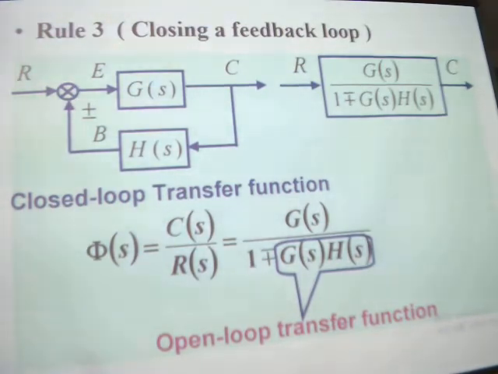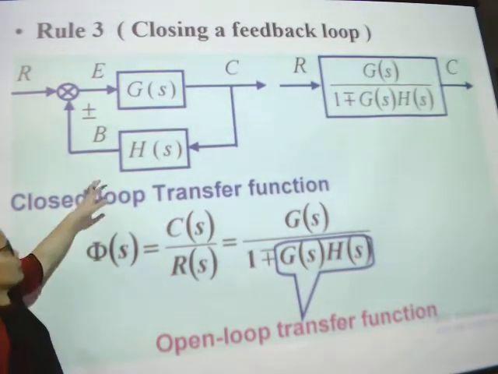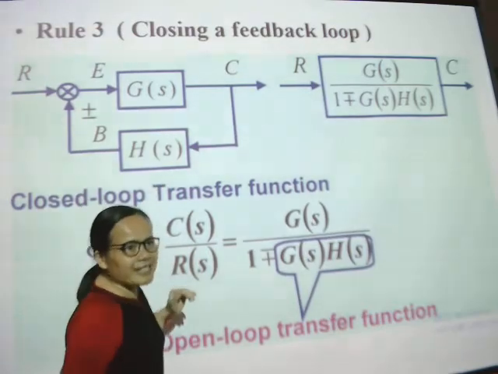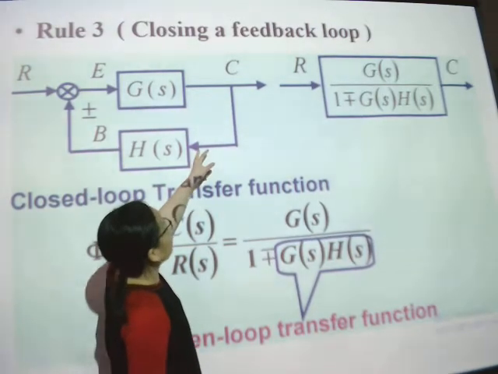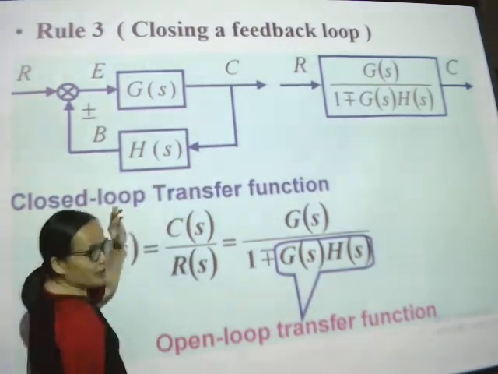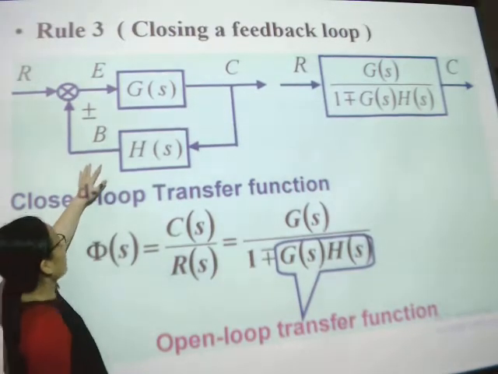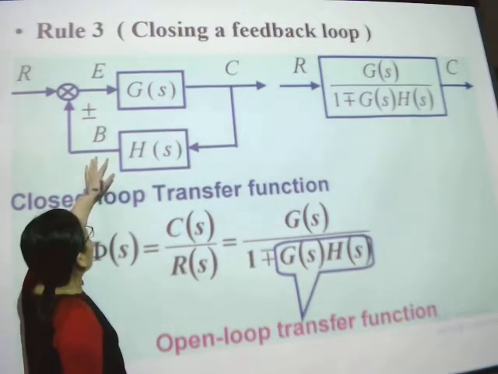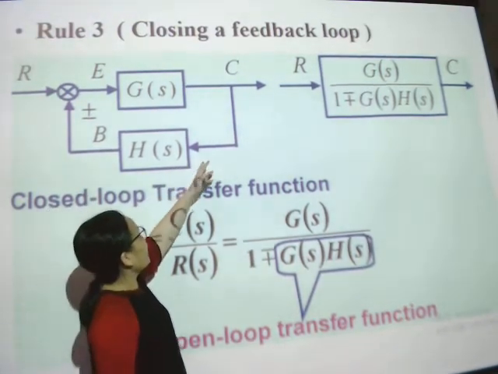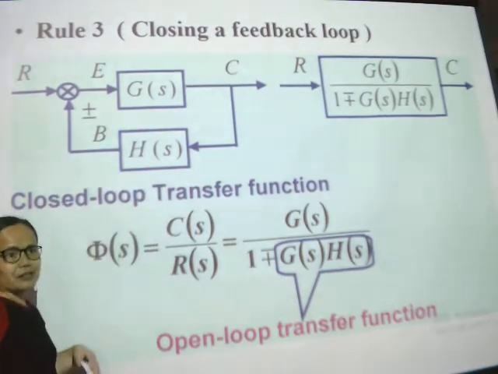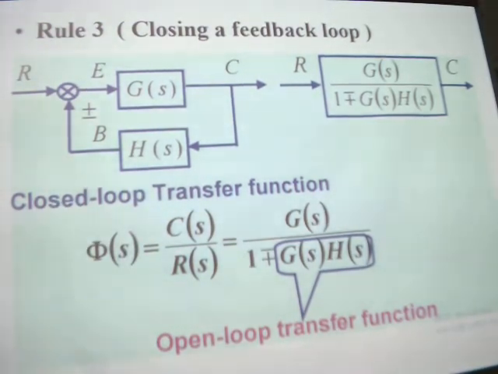For this block, H(s) is the transfer function, the input is C, and the output is B. So the ratio of B to C equals H(s). So B equals C times H(s).